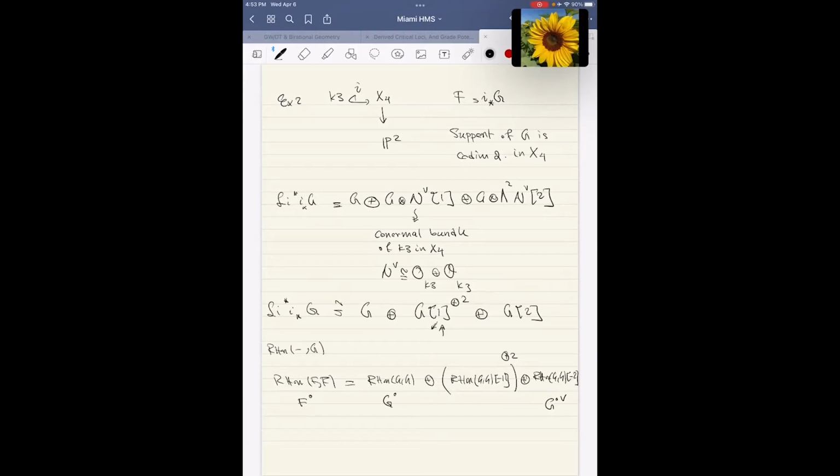And, you know, the canonical bundle of the fiber is O. So there is nothing beyond that. So if this is G dot, the last term on the right is G dot dual. And in fact, this term in the middle is also self-dual. Self-dual via Serre duality: if you apply Serre duality to it, you will get it back. So this is what it is. Okay, so the right-hand side has some kind of nice structure, it seems.